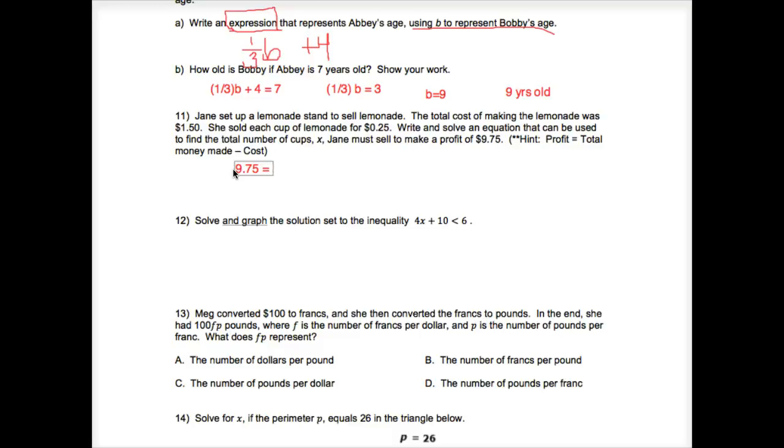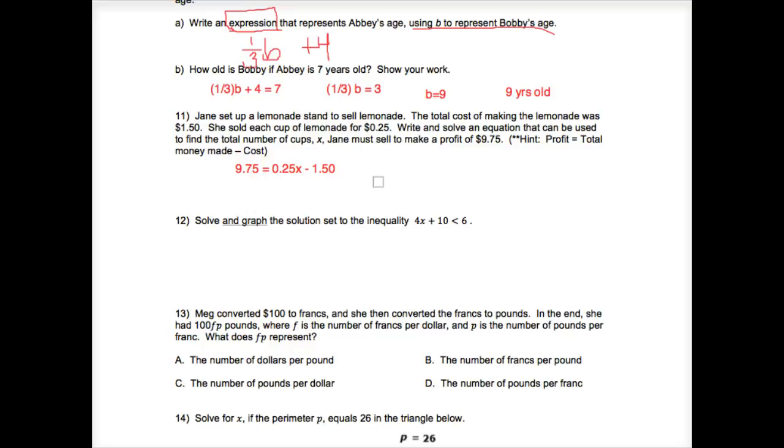Now the money that she makes is 25 cents for each cup. So I do 25 cents times x, because x is the number of cups. So 0.25x represents the total money made, or the revenue. Then I have to subtract out the money that she had to spend, or the expenses, which is $1.50. So here's writing the equation.